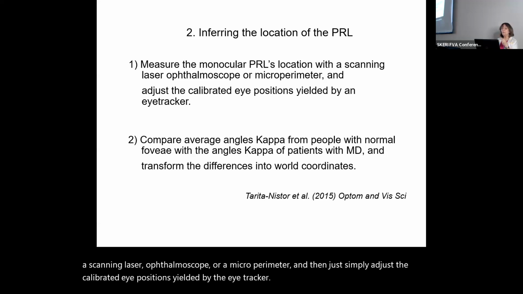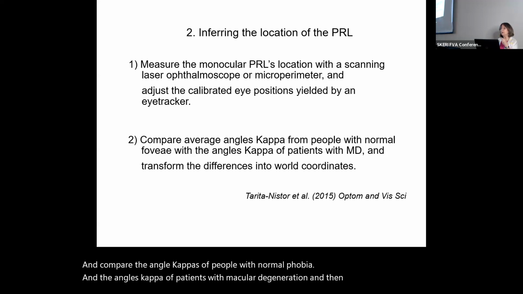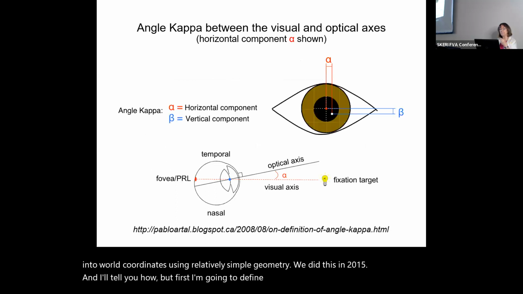On the other hand, we can use angle kappa and compare the angle kappas of people with normal fovea and the angle kappas of patients with macular degeneration. And then we transform all of that into world coordinates using relatively simple geometry. We did this in 2015. And I'll tell you how, but first I'm going to define angle kappa.